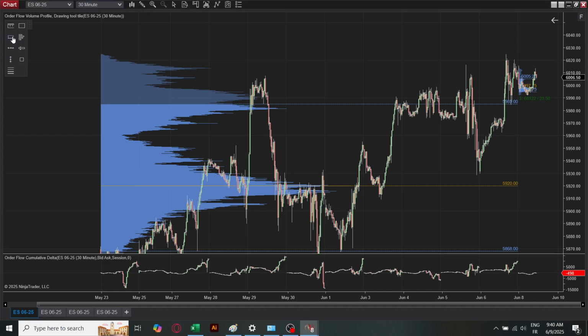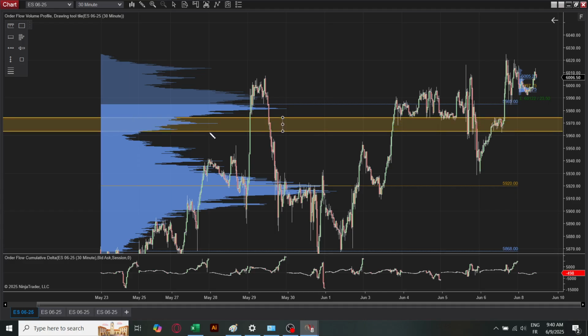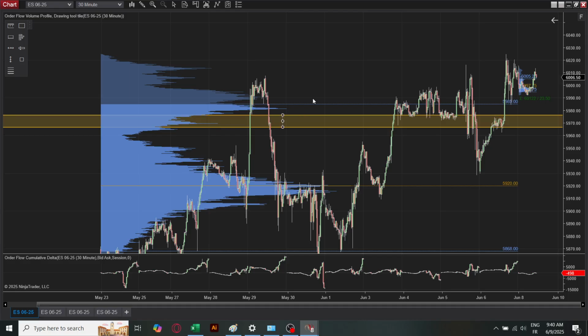So we will mark our levels. The first level is over here. We can clearly see that the price is reacting to this level. So anytime the price comes back to here, I can wait for confirmation from my footprint.